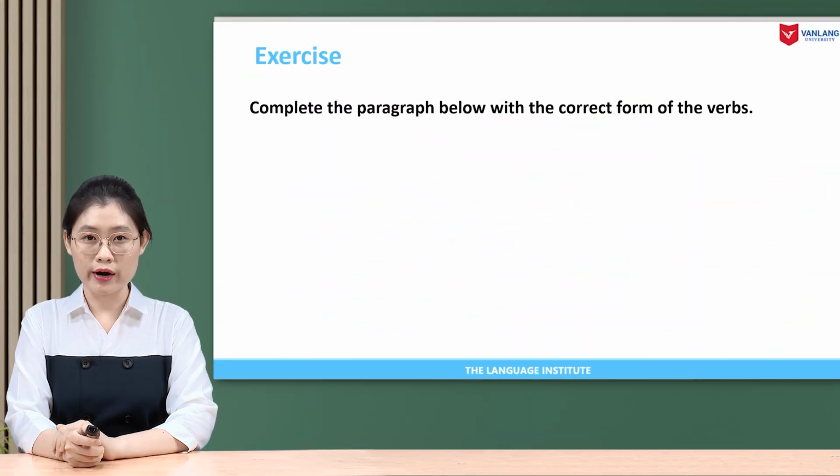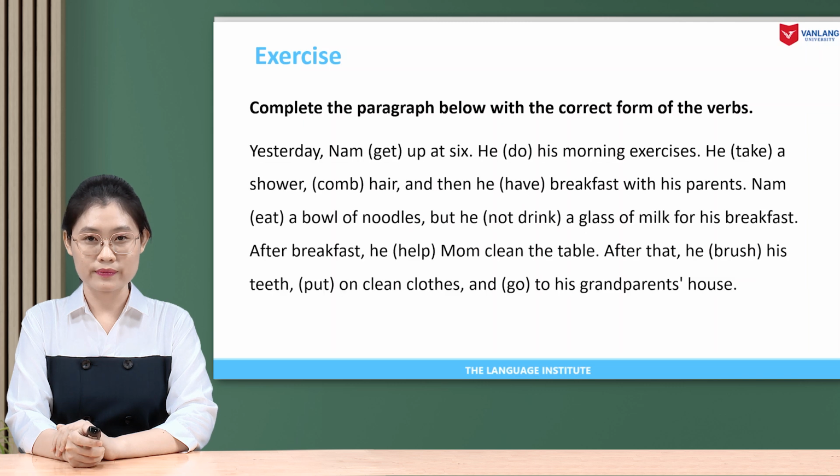Alright, we have learned the structure of affirmative form and negative form. Now let's practice with the first exercise. Complete the paragraph below with the correct form of the verbs. So, please read the paragraph carefully.